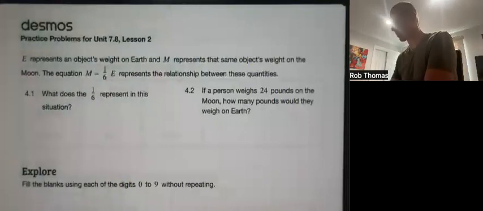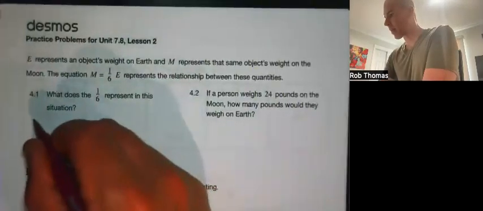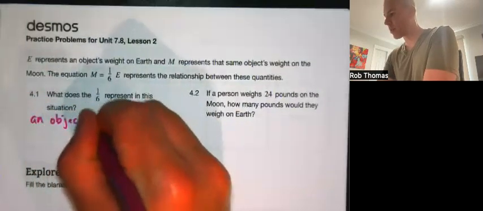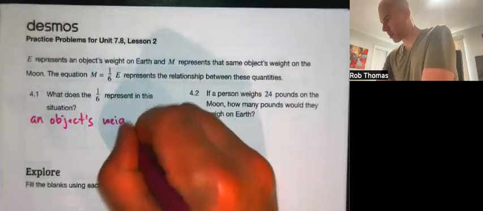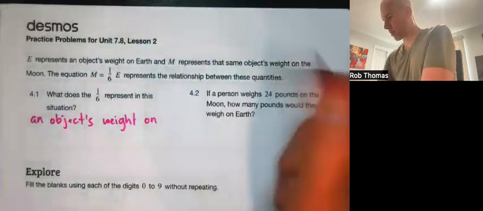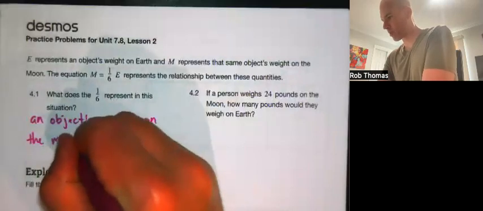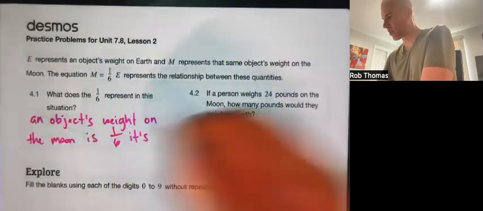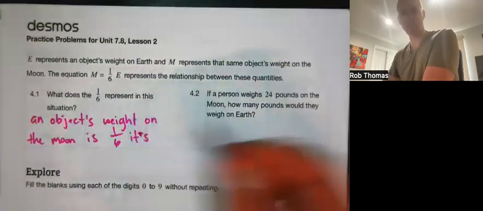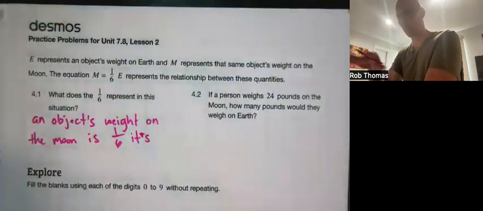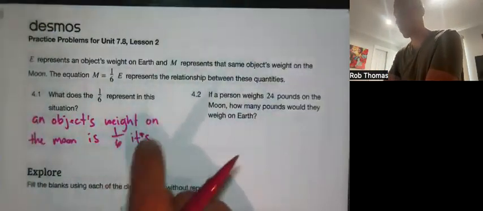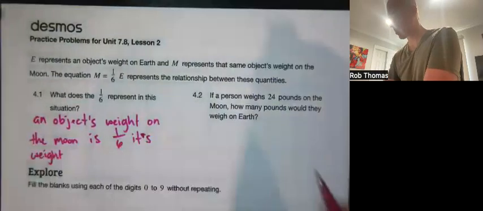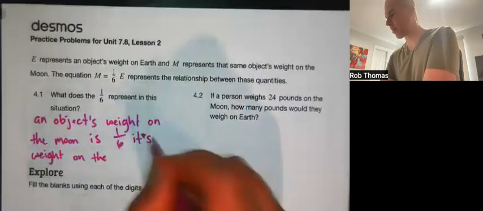I'd probably write, an object's weight on the moon is 1/6 its weight on the Earth. The apostrophe is not needed there, it's just "weight on the Earth."